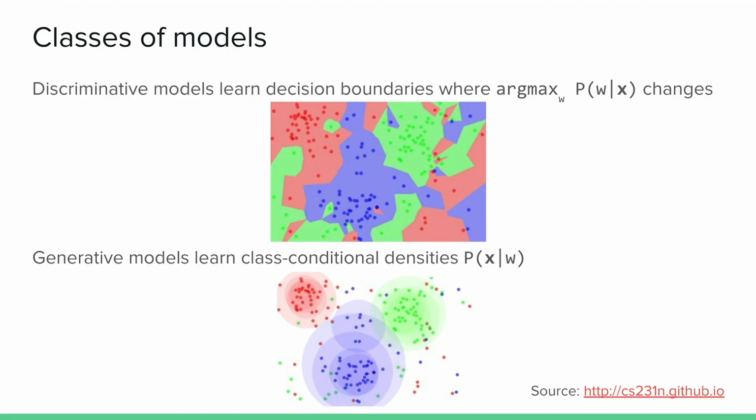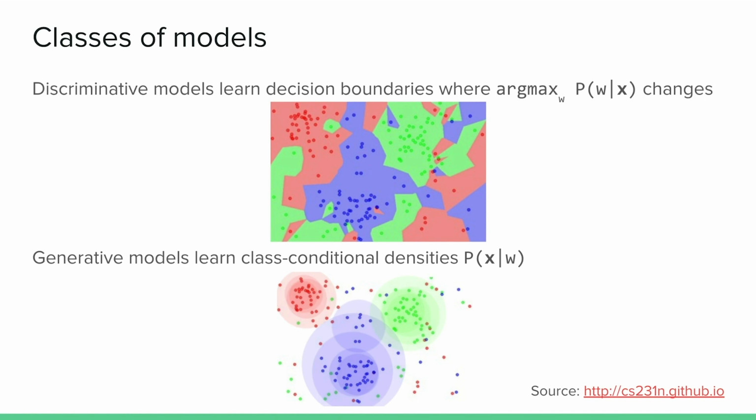Typically, we talk about different classes of models. One class of models is a so-called discriminative model, where we learn decision boundaries, where we try to figure out where the highest probability of one class changes to the highest probability of a different class.